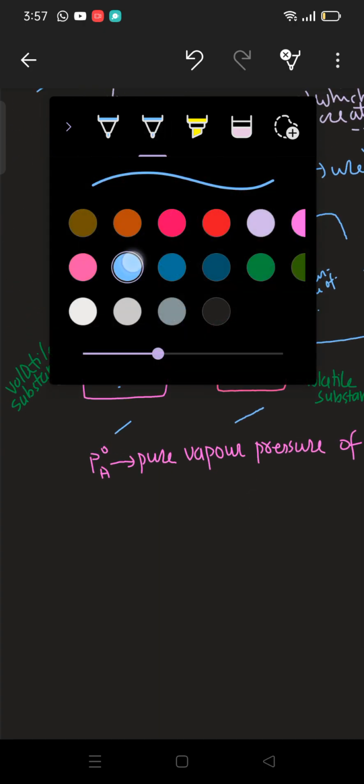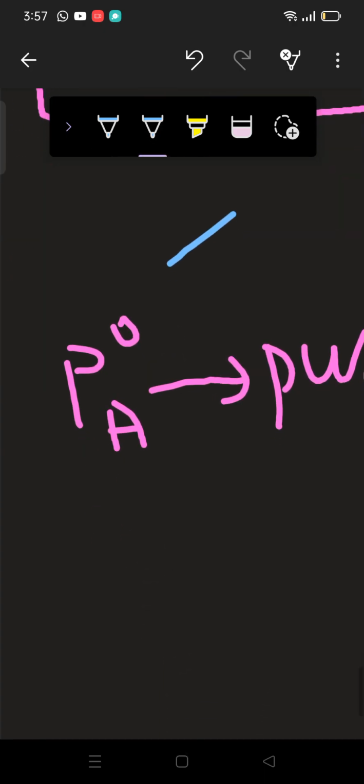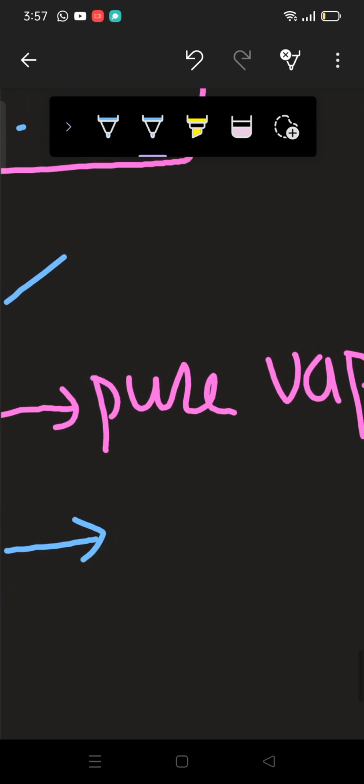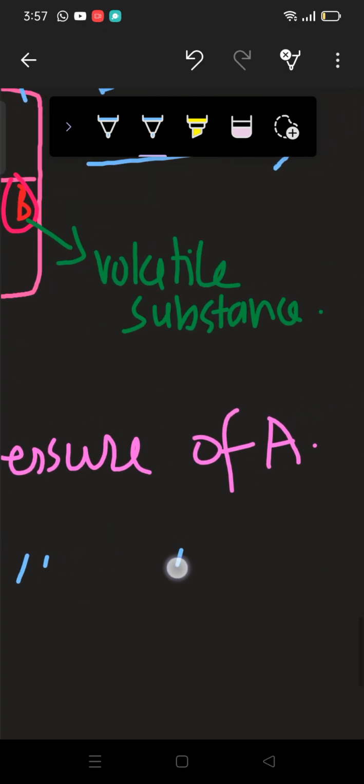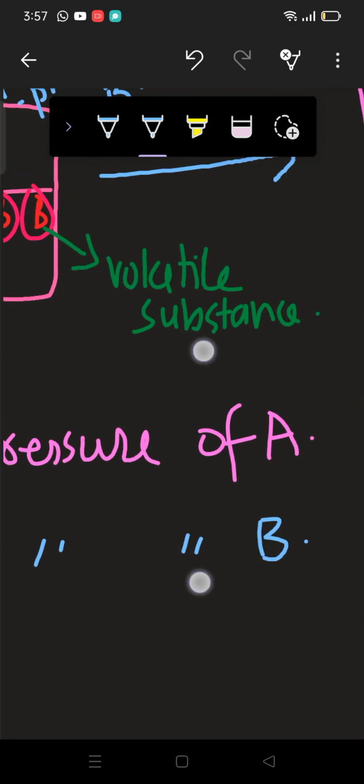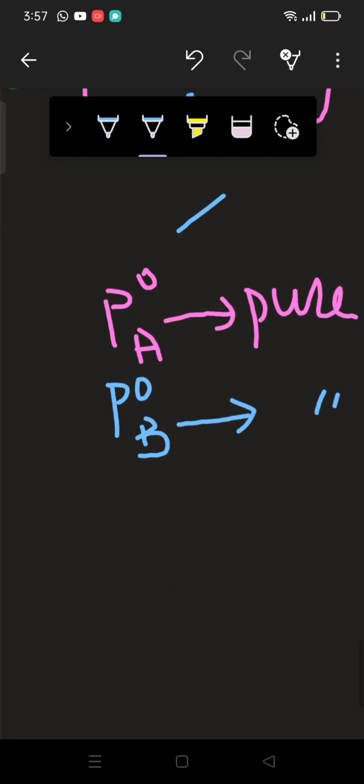And then we have P naught of B, which represents the pure vapor pressure of B, right? Now we have PA only, right?